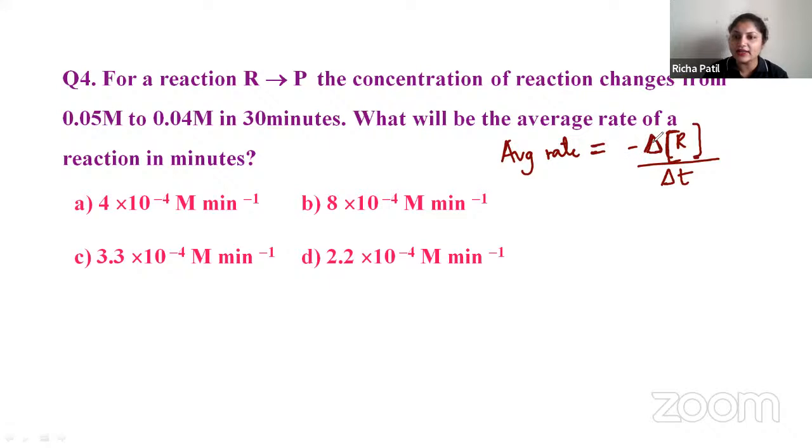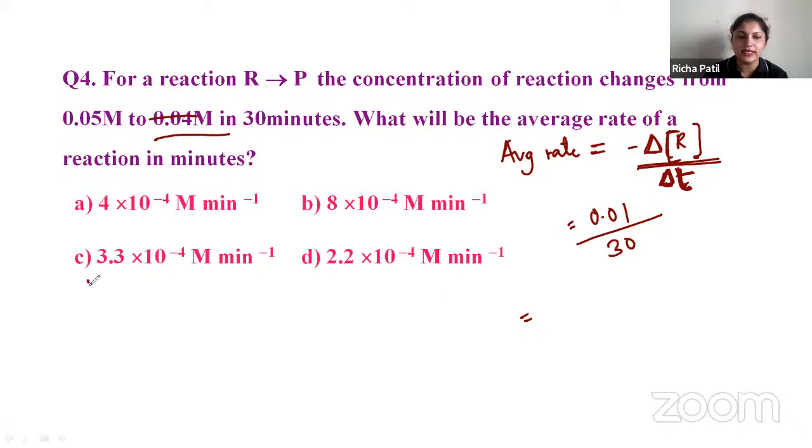So it is the change in the reactant concentration upon the change in time. Delta indicates the difference. So it is from 0.05 to 0.04. So 0.05 minus 0.04 is how much? It is 0.01. That is delta of concentration of R, the reactant, divided by time. Time is 30 minutes. So solve this. What answer will you get? C.